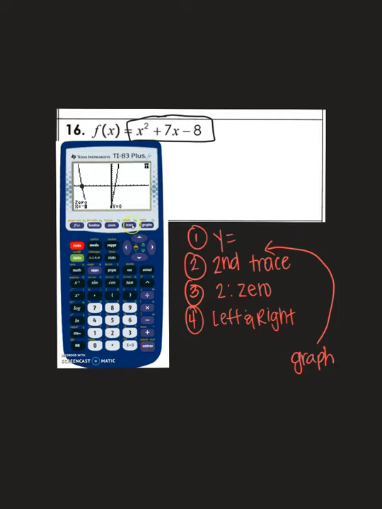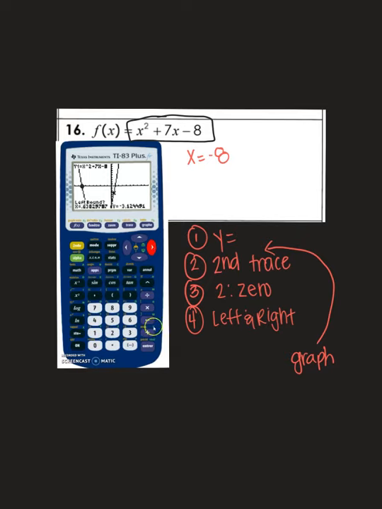All right, so we need to find the other 0 now. So I'm gonna move my cursor to the right because I wanna move it all the way over to this right-hand side because that's where my other 0 is located.